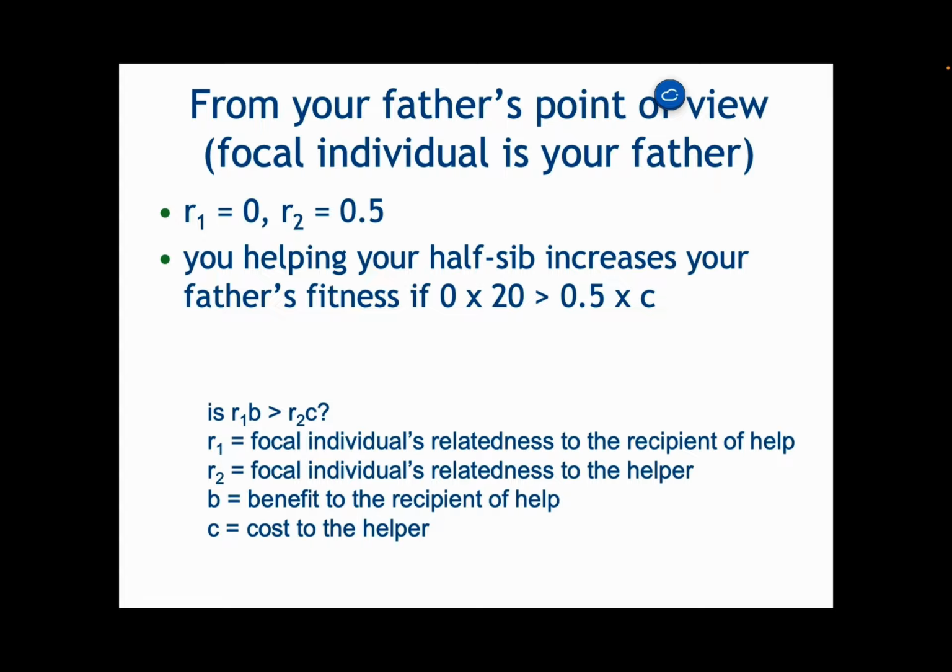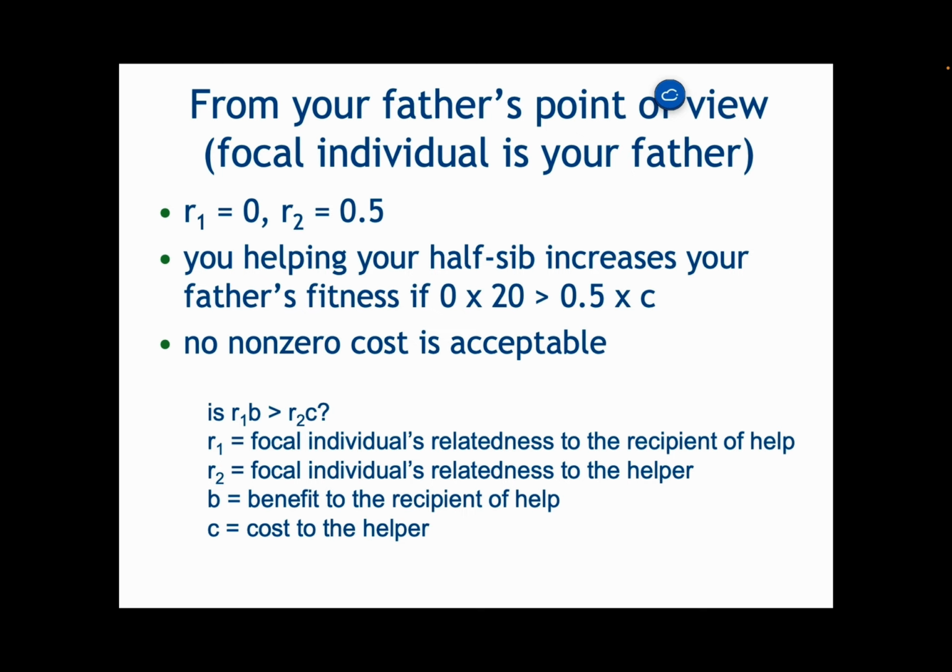And so we can plug these into that inequality. Your father is going to benefit from you helping your half-sibling only if this is true. That is, only if C is equal to or less than 0.